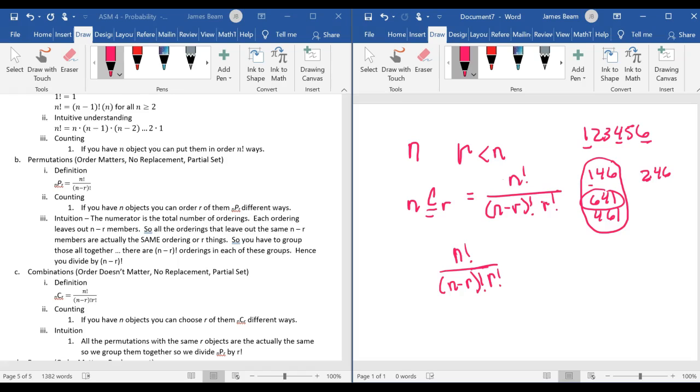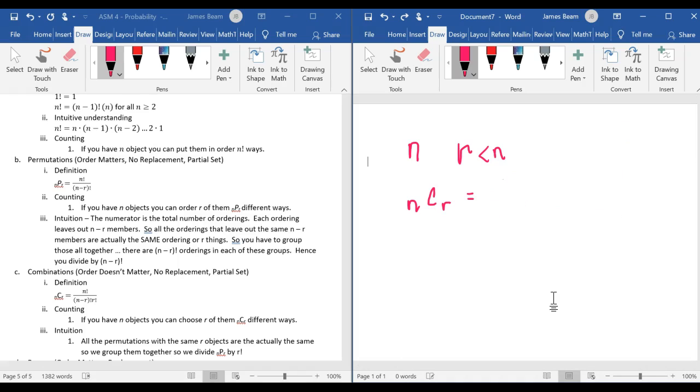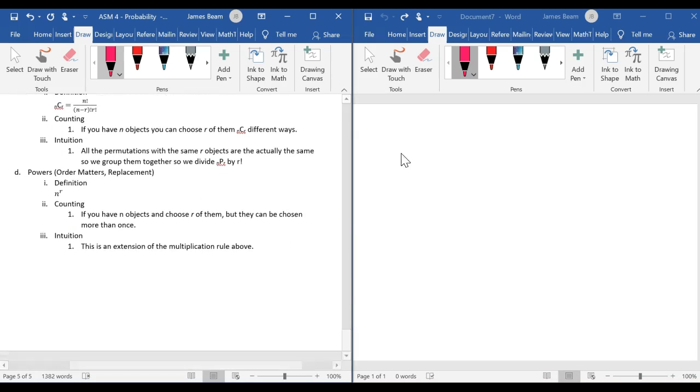So, all right, this is another way to visualize this, right? The last thing that we use is powers. So when you're dealing with a power situation, you've got n different balls in the box, and you're going to pull r less than n out of the box.